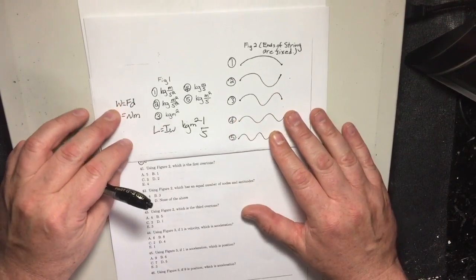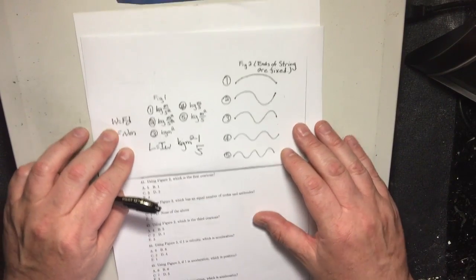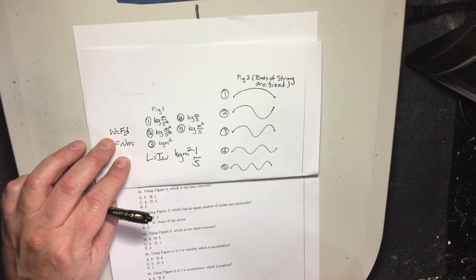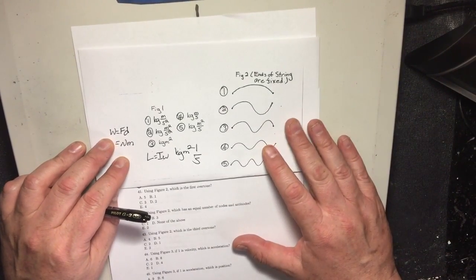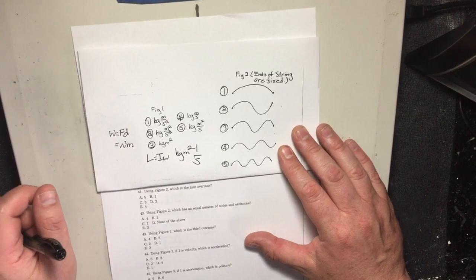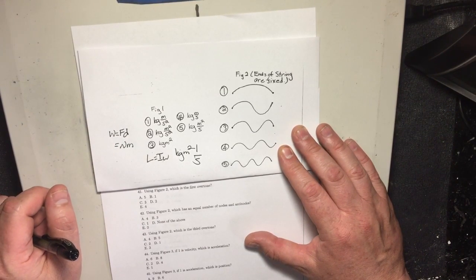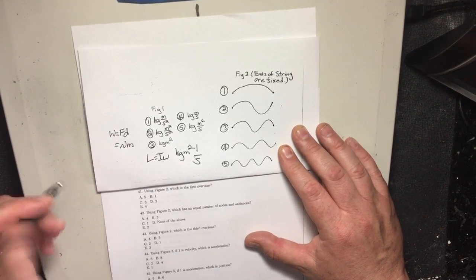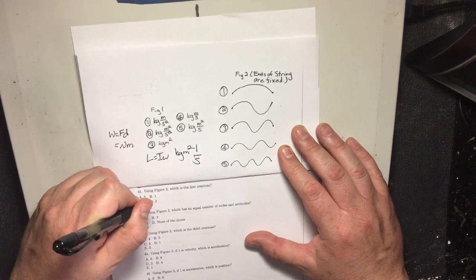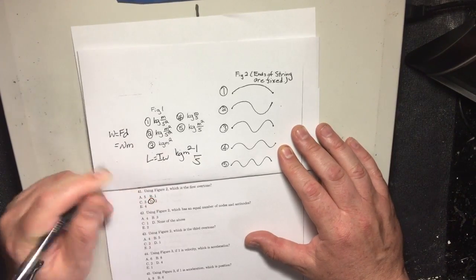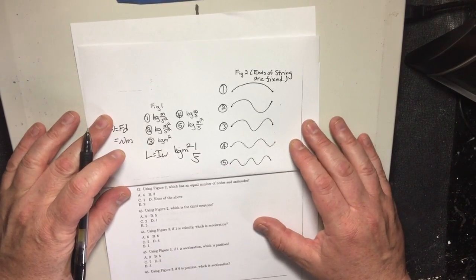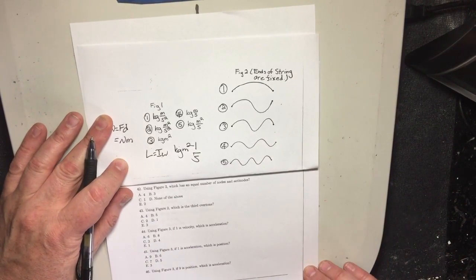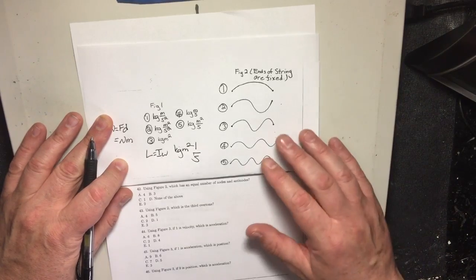Figure 2. Which one is the first overtone? It's 2. So this one would be D. In figure 2, which one has an equal number of nodes and antinodes?